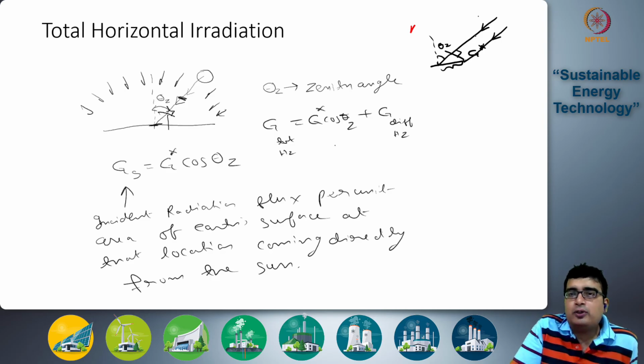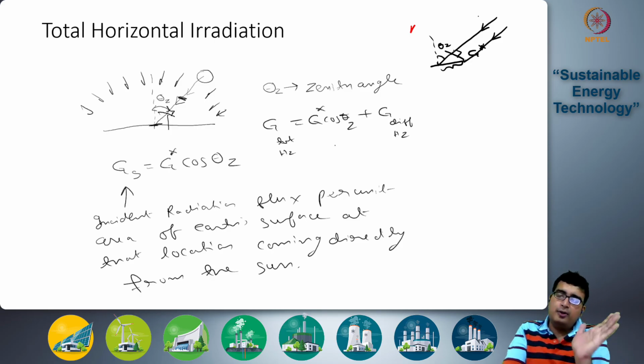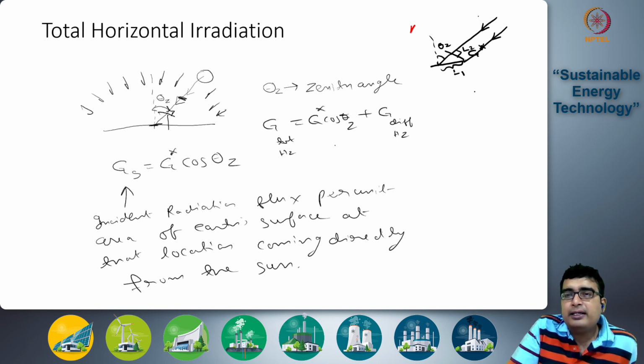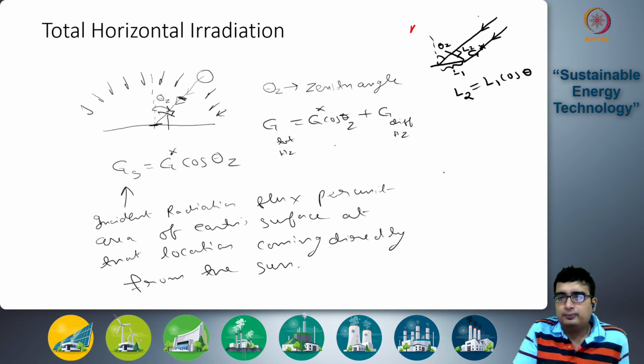So this is the total area of this solar beam, and the length of this beam oriented normal to the rays is L1, and when it hits the ground it spreads out over a different length, L2. So what happens is that L1 and L2 are related by L2 equals L1 cos theta.